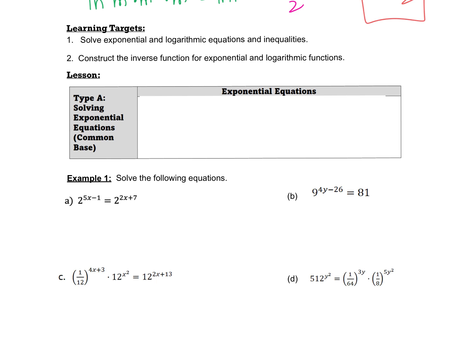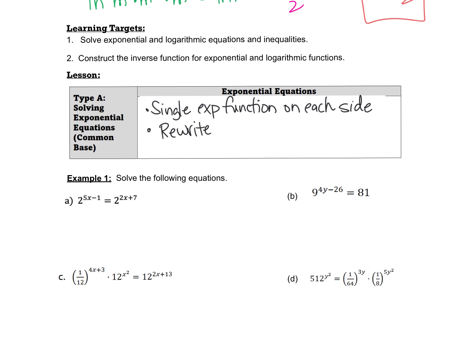All right. Anytime we want to solve an exponential equation, there are typically 2 types. Okay. The first one is if I have a common base, or I can rewrite with a common base. So what that means is I want a single exponential function on each side. If I need to, I'll rewrite with a common base.